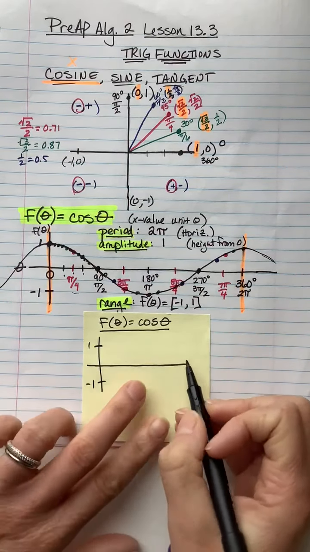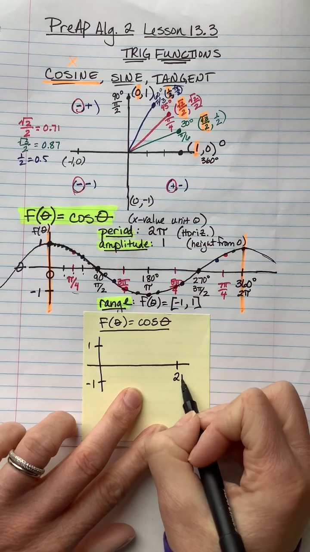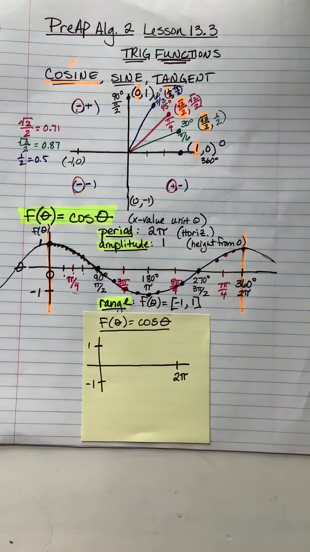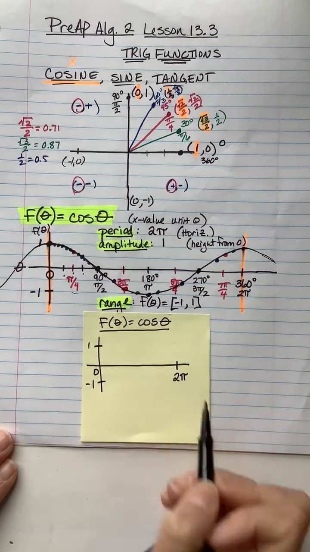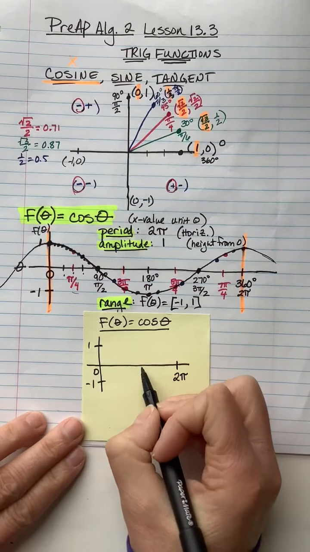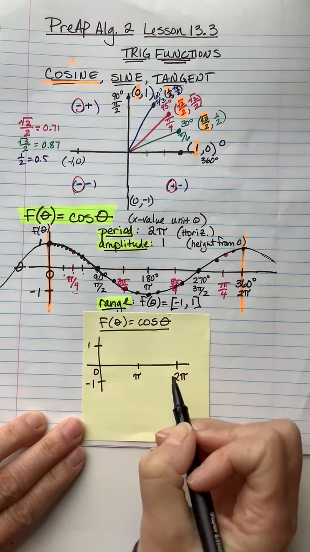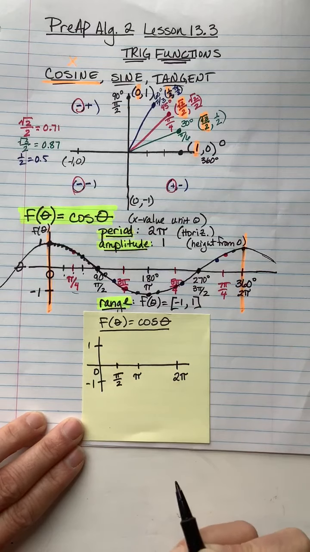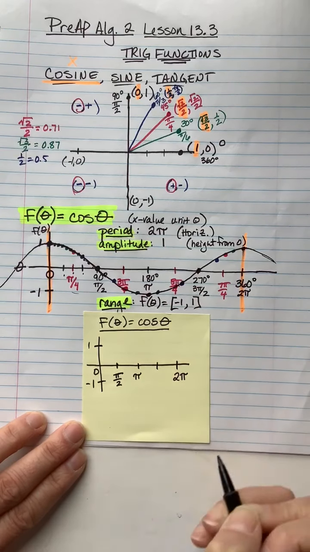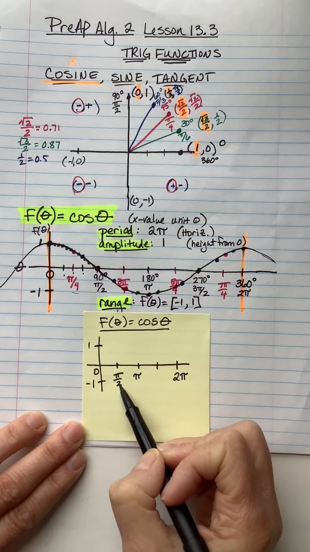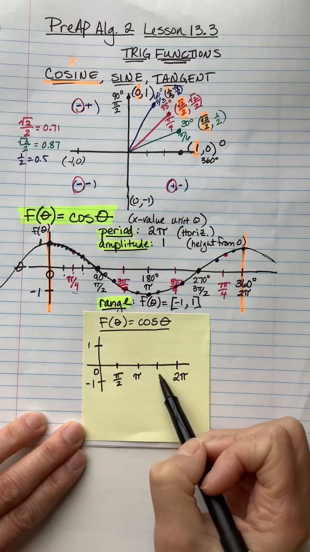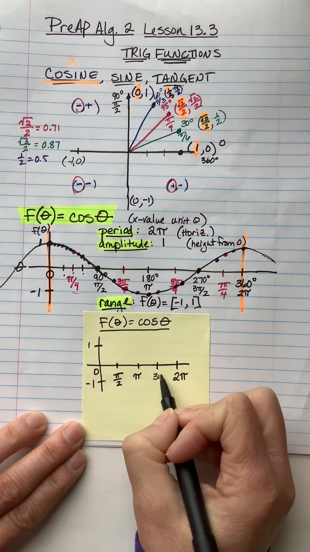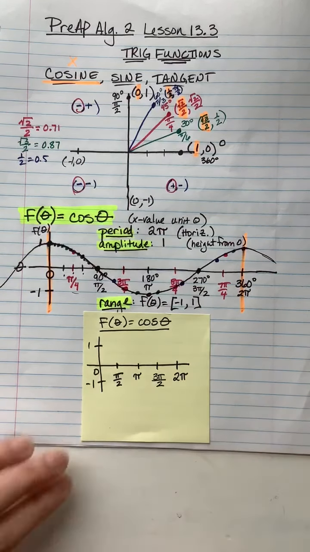We are going to unfold our parent all the way out to 2 pi, from 0 to 2 pi. And now I'm going to create the big 4. So half of 2 pi is pi. Half of pi is pi over 2. And then, of course, half of a half, or 1 pi over 2, 2 pi over 2, 3 pi over 2. You know, when you find the pattern, you can ignore the fractions.